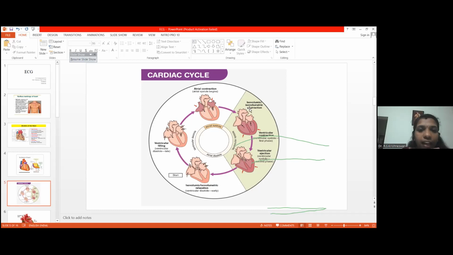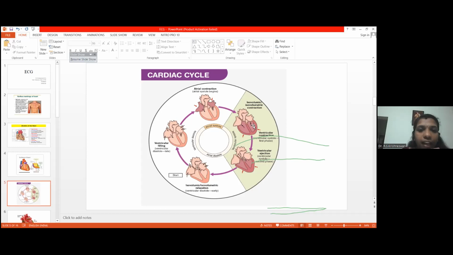The second step is isovolumetric contraction. In this, the blood from the atria reaches the ventricle, and once it does, the tricuspid valve and the mitral valve close because valves prevent the backflow of blood.